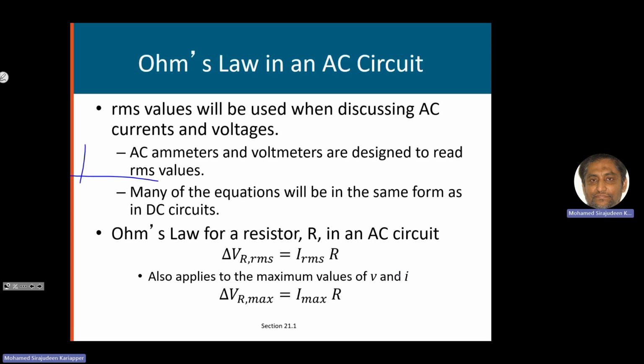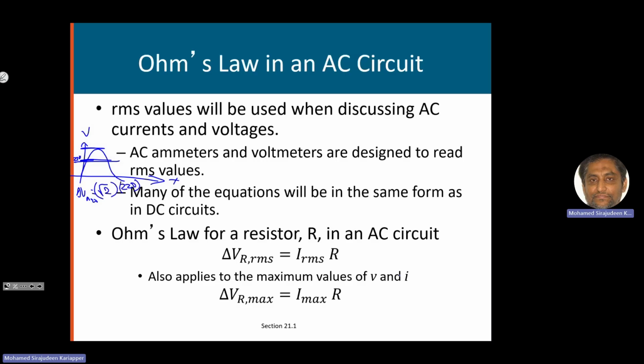So in your AC source, you are getting the time versus voltage. 220 is the average value somewhere here. So what is the peak value? Maximum value will be delta V max. According to the definition, it will be square root 2 multiplied by 220.